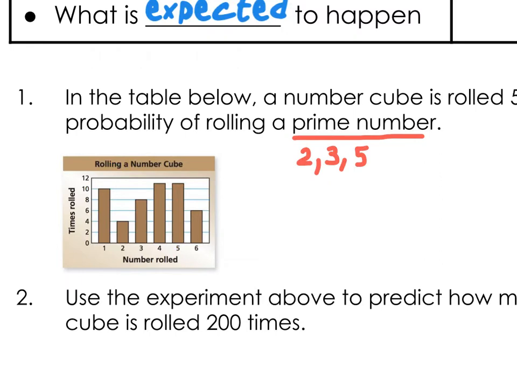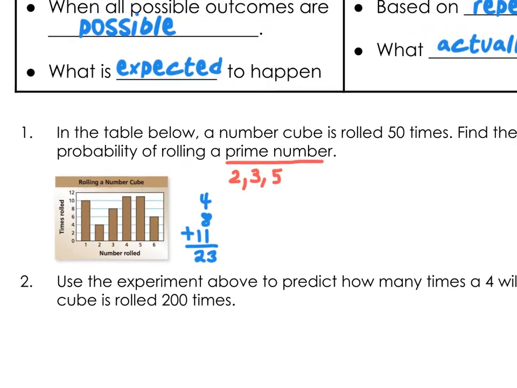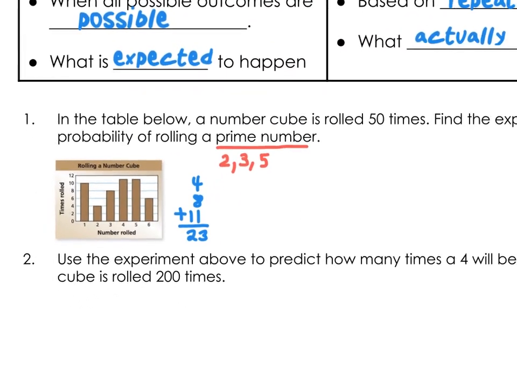Again, the 2 was rolled 4 times, the 3 was rolled 8, and we have 11 for the 5. When we add them together, we're going to have a total of 23.